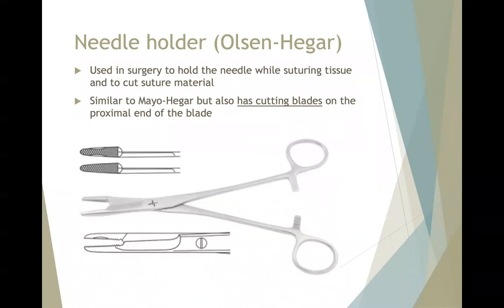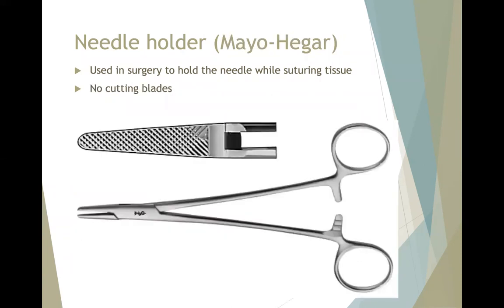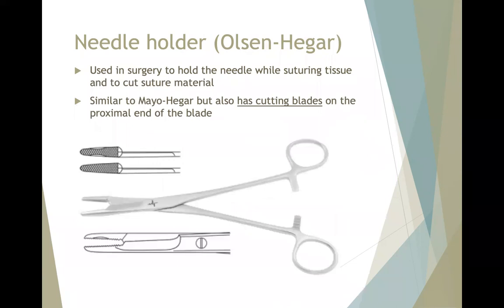So as the doctor's placing the suture and doing the ties, they don't usually do a continuous suture. They'll do one at a time. So they'll suture, tie that knot, cut it off, do another one, cut it off. And while they're doing that, they can either have a Mayo Hagar needle holder and your Mayo scissors, so two tools, or they can have a 2-in-1.